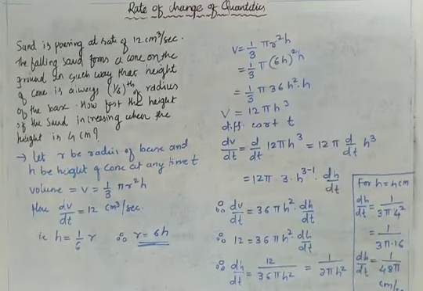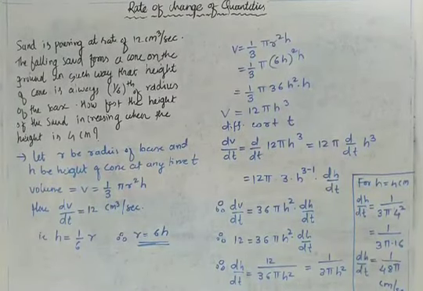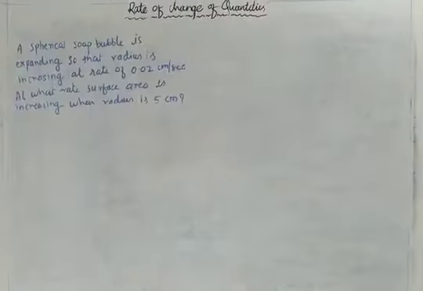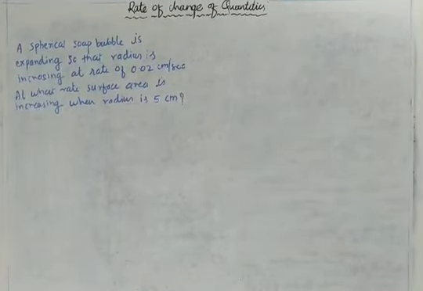Okay, next question. The next example is an experiment that many students have done, the soap bubble. So many times you have played with soap bubbles. See what you do when you take that needle and blow air. At that time, the formation of a soap bubble automatically starts.